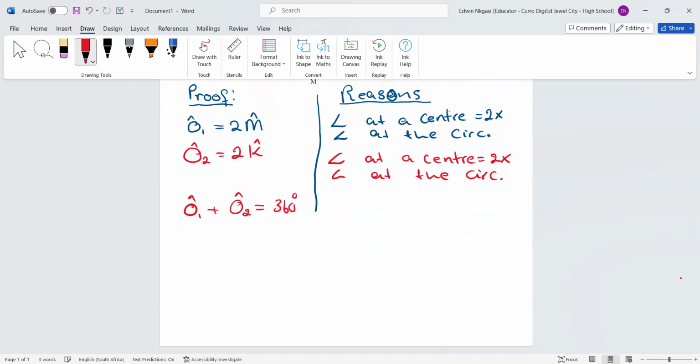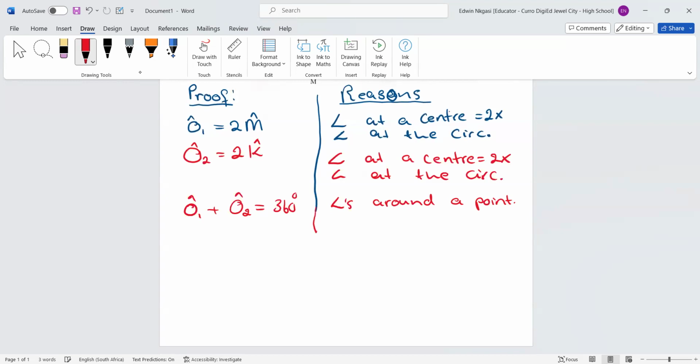What's the reason for that? Those are angles around a point. We can say a common point or a point. So angles around a common point, or angles around a point, add up to 360 degrees.